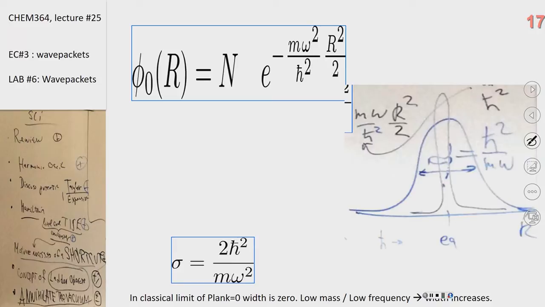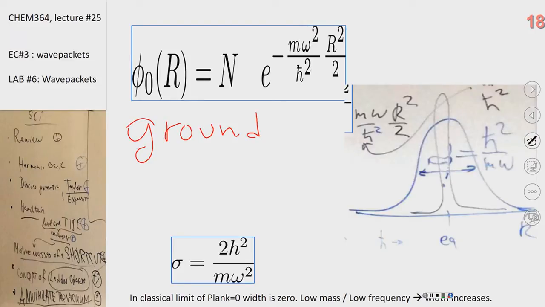What else? The width of this distribution for ground state particles. So it is the inverse of whatever we see here. So 2 times h bar squared divided by m omega, right? So that's the width parameter. And if you don't care about how you solve it, just analyze the solution.